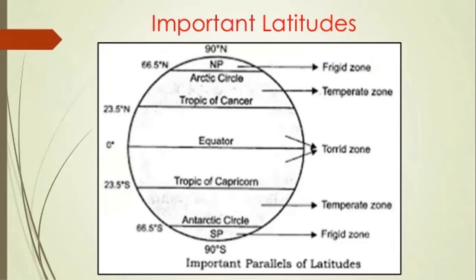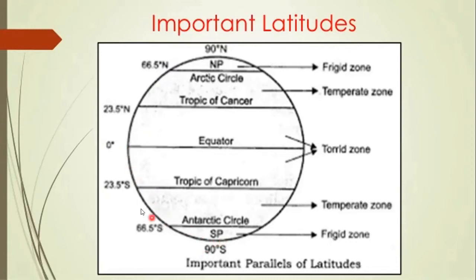Totally, there are 180 latitudes. If you look at this particular picture, these are some important latitudes that you all have learned. We start from 0 degrees and there is 1 at every degree, so it reaches till 90 degrees here. 23.5 north comes here, 66.5 is here, 23.5 degrees south is here, 66.5 degrees south is here.